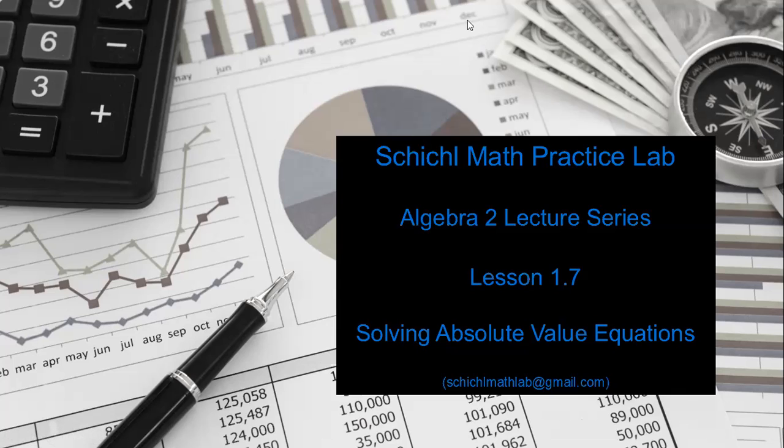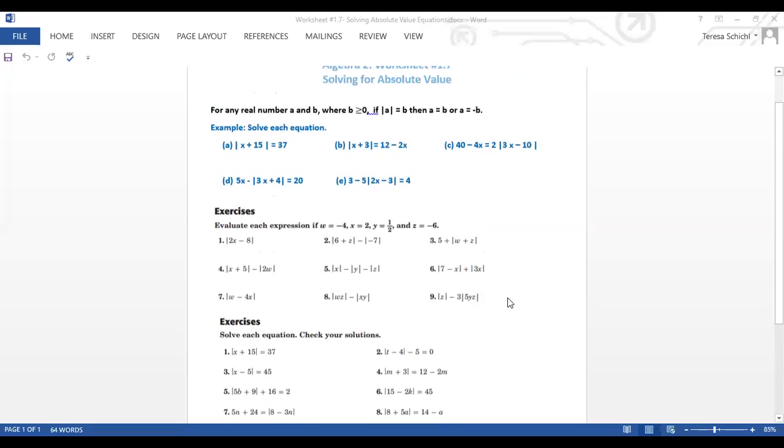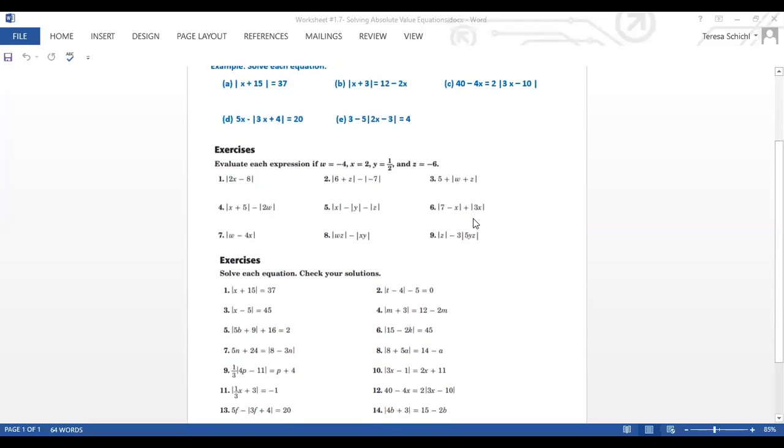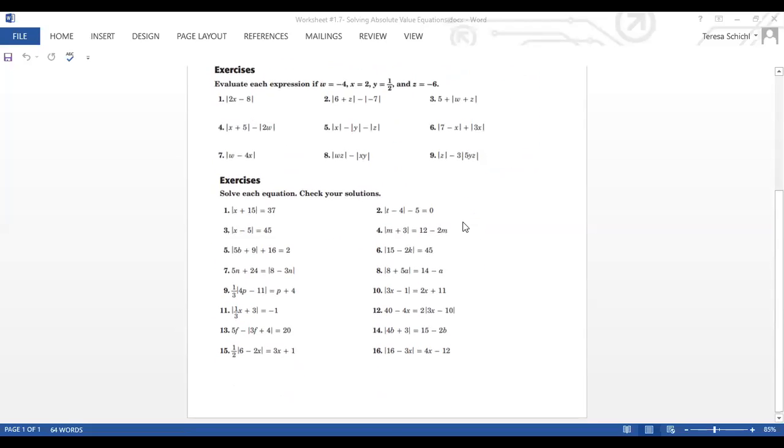Now let's take a look at the worksheet we're going to use today. This is worksheet 1.7. As always, I'm going to do the problems highlighted in blue, and then I have two sets of exercises for you to practice with absolute values.